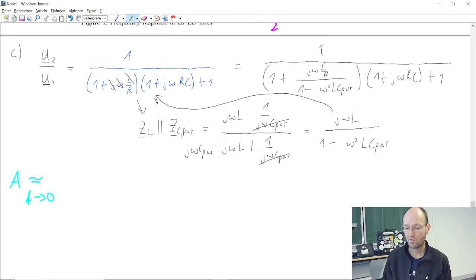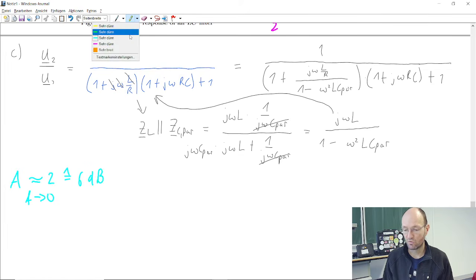So in this case, omega is getting small, we just divide by 1. Omega is small, something small divided by 1 is something small, so everything as before. This would be 2, and this would correspond to the 6 dB that we had before.